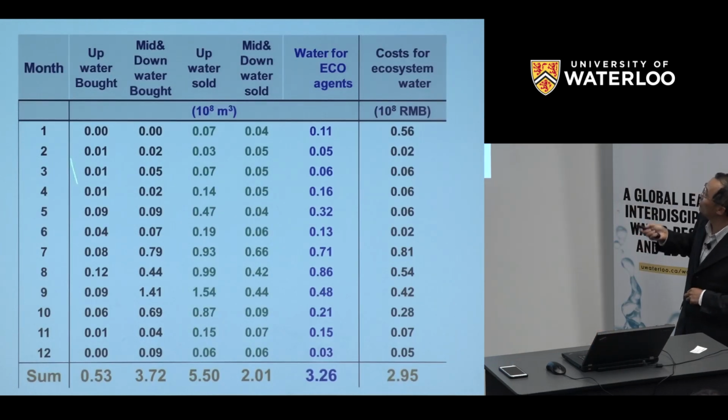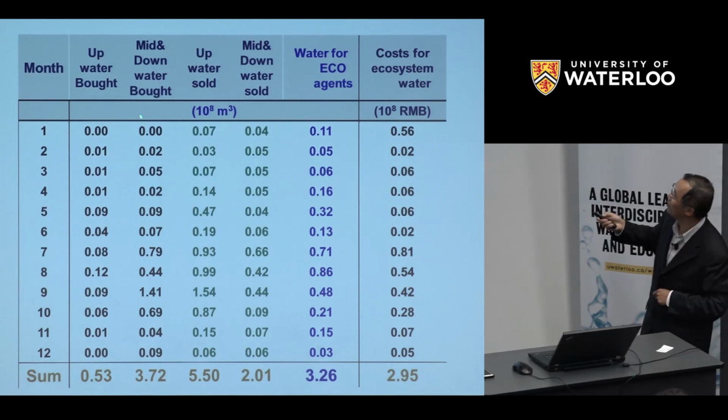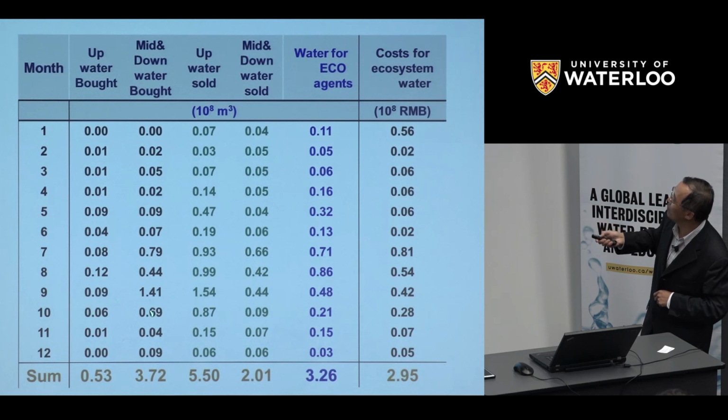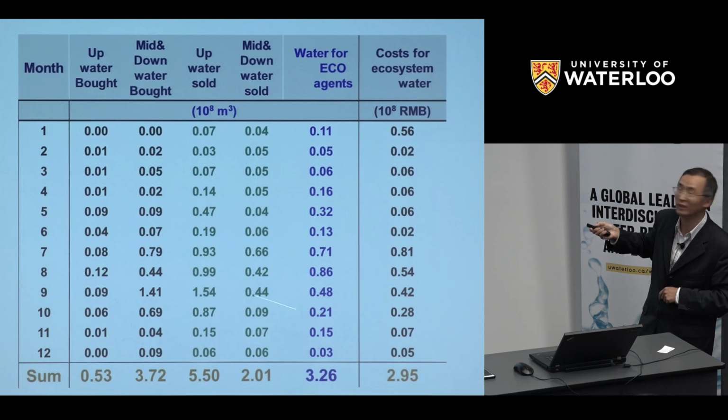In this table, we show for different months the upstream, midstream and downstream water use. Basically the midstream and downstream regions buy more water, and the upstream sells more water. The difference between the water sold and the water bought is assumed to be used for the downstream ecosystem.